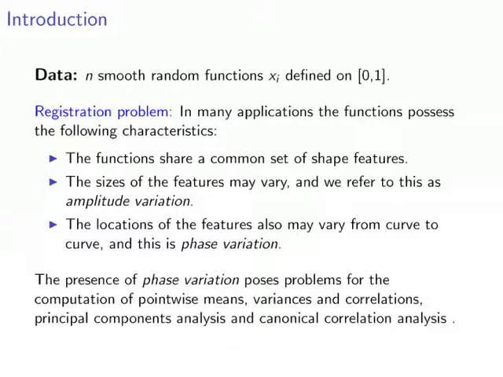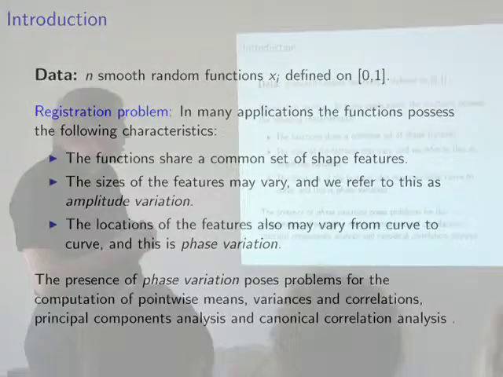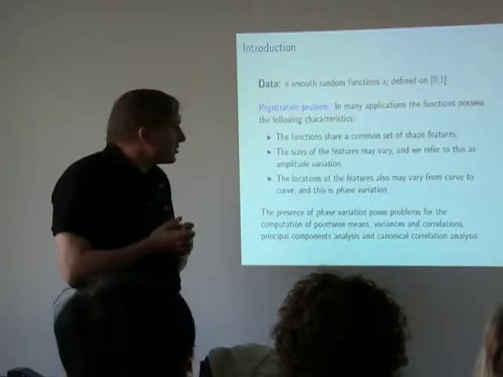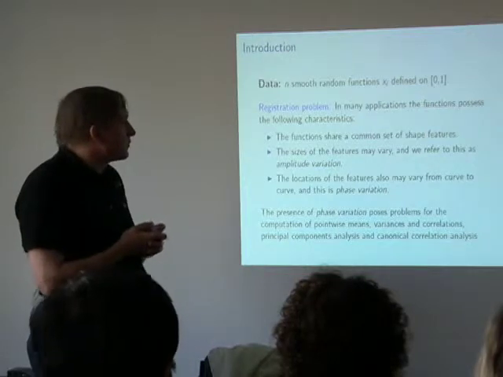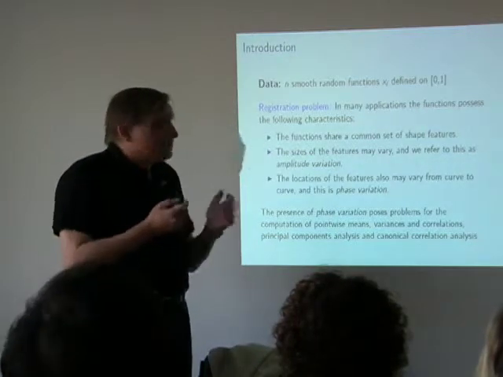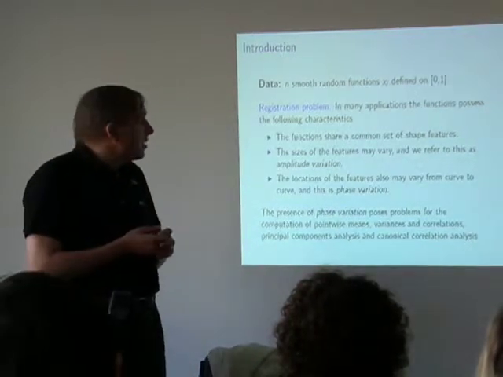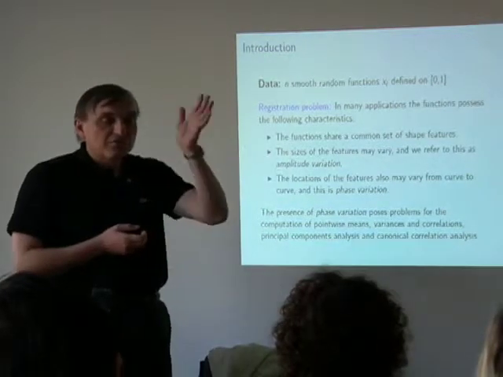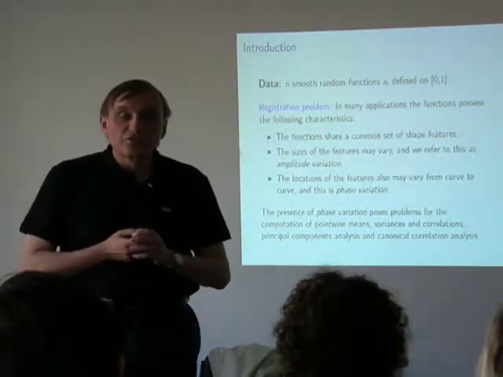But also, and that's what leads to this registration problem, the location of features may vary from curve to curve. In the growth curve you may find a certain peak at a certain time, and in the second curve at another time.